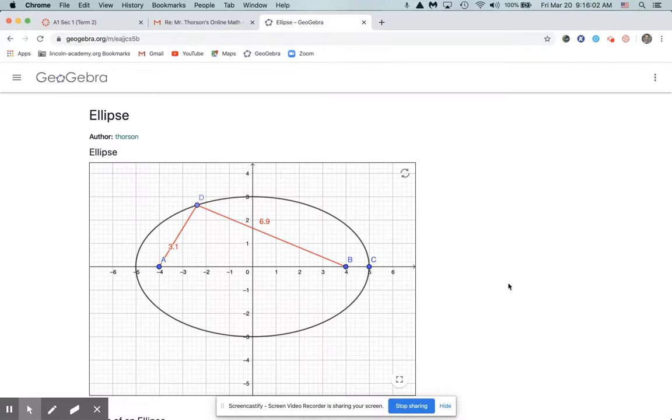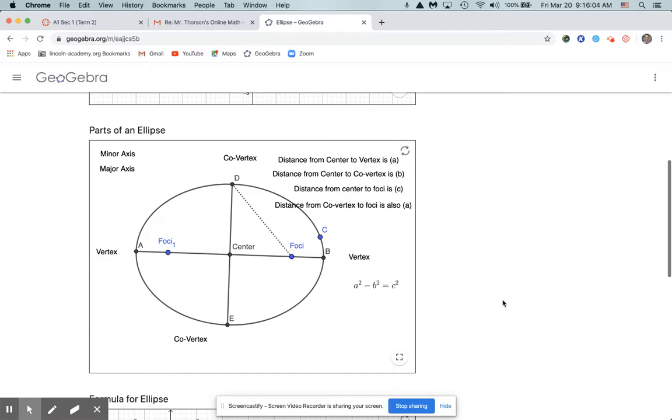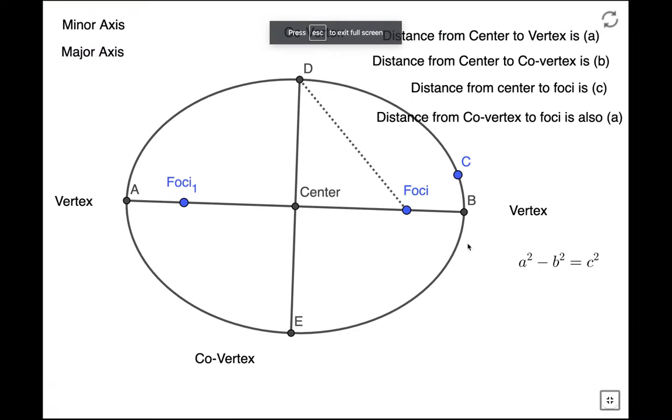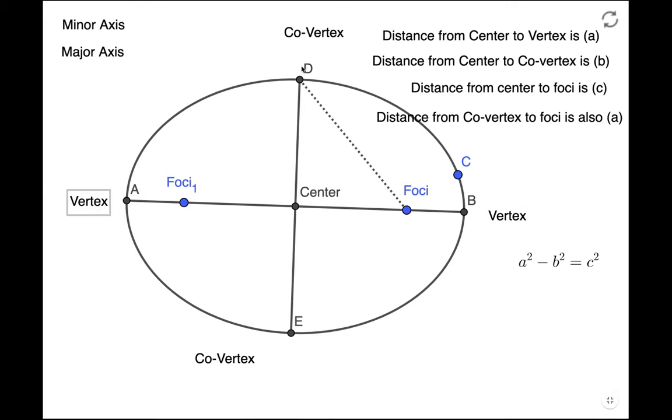So let's talk a little bit more specifically about some parts of the ellipse. The ellipse has a center. It has two foci. It has two vertices, or vertex, and two co-vertices. Let's stop there for just a minute and talk about those few things. Obviously, an ellipse, similar to a circle, has a center.